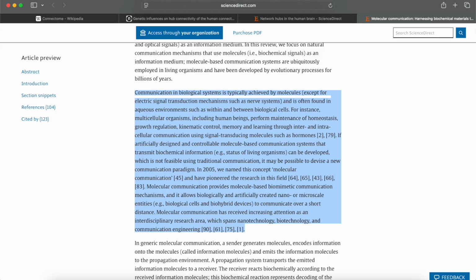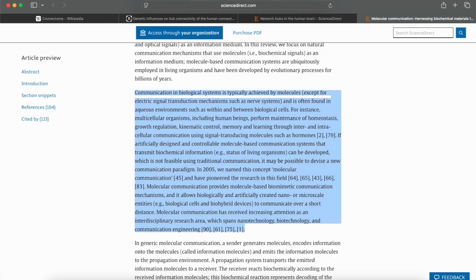For instance, multicellular organisms, including human beings, perform maintenance of homeostasis, growth regulation, kinematic control, memory, and learning through inter and intra-cellular communication using signal transducing molecules such as hormones.